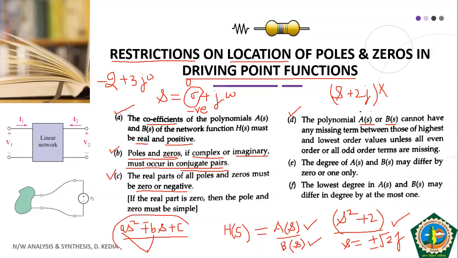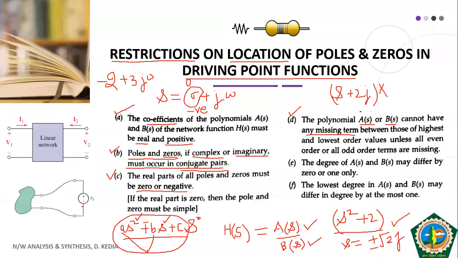Like, if this is the polynomial in s, that is a s square plus b s plus c, you look at the powers of s. This is s square, then s1, and here the power of s is 0. So you have all the powers existing, starting from highest power 2, then power 1, then power 0. All the powers are present. This is what is mentioned, that there should not be any missing term.